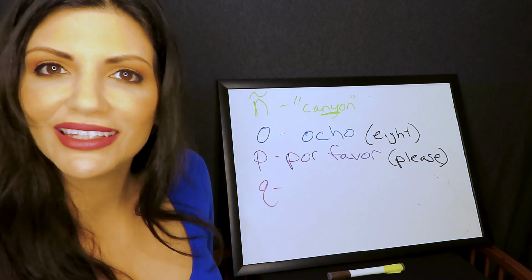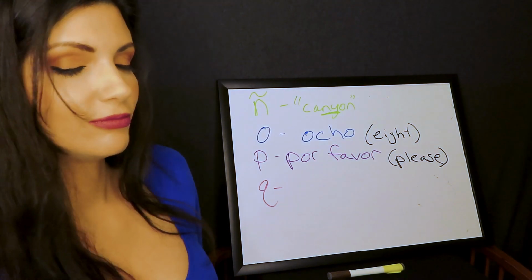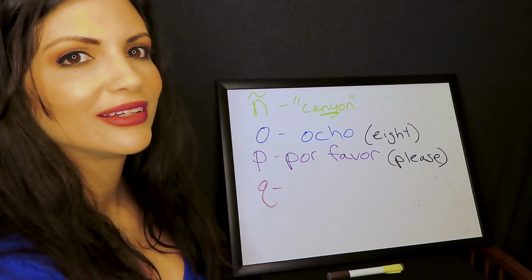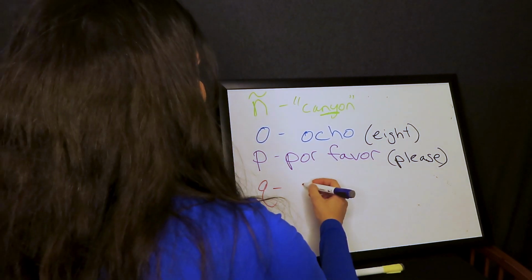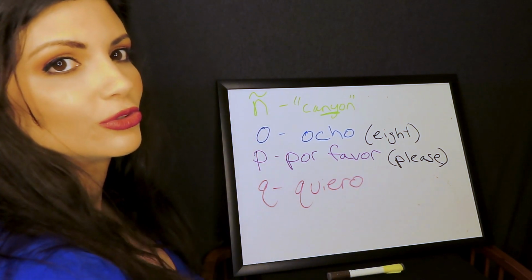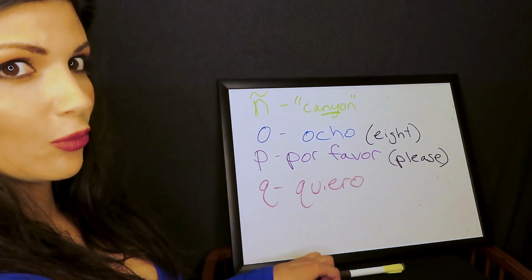Q is used like the English Q, usually followed by U, such as in the word quiero, which you would use to say I want.